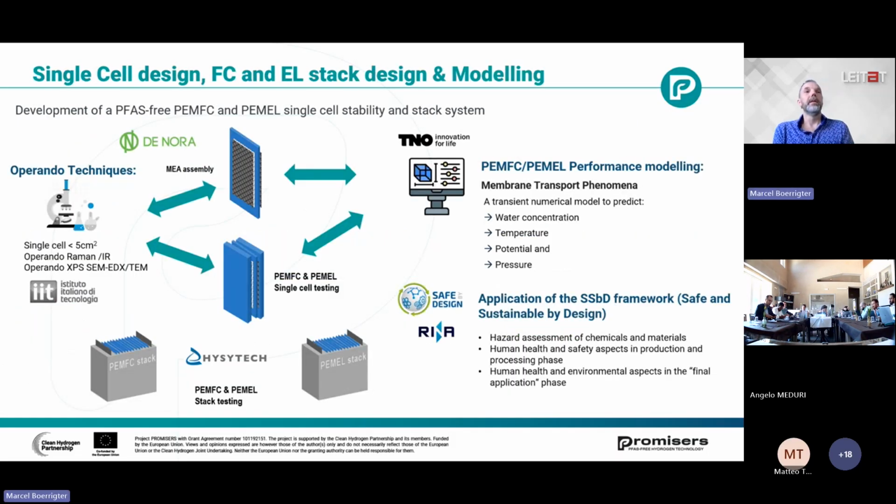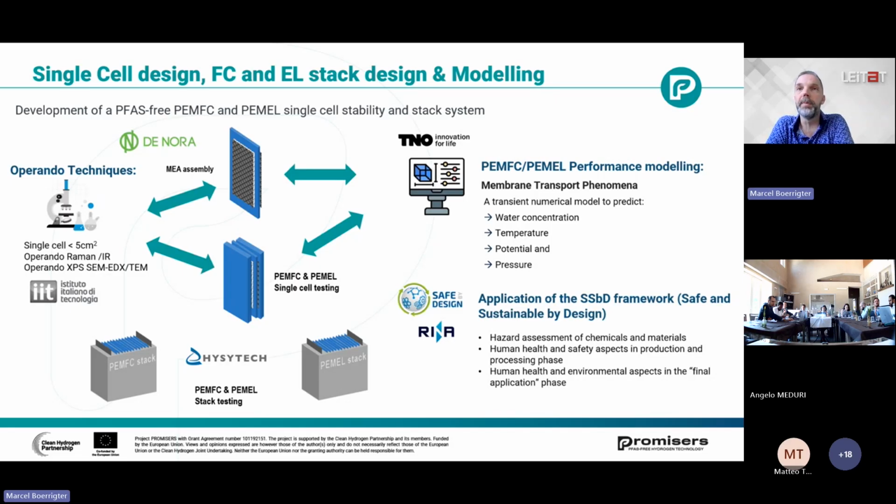So currently we are arriving at the MEA assembly. In the first part of the project we did the development of the materials, and now we are going to the MEA assembly, and this will be tested using operating techniques by IIT, and also supported by simulation from TNO using a numerical model to predict the water concentration, temperature, potential and pressure.